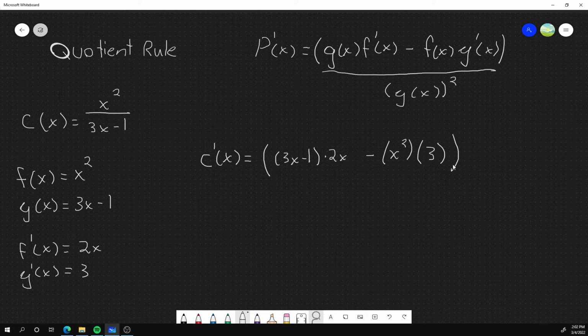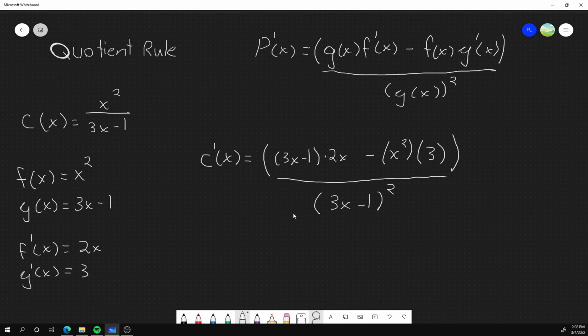Now we have our numerator, and we need to go over g of x, which is 3x minus 1 squared. So now this is our derivative. It's kind of ugly, but we can simplify it and make it a lot nicer.